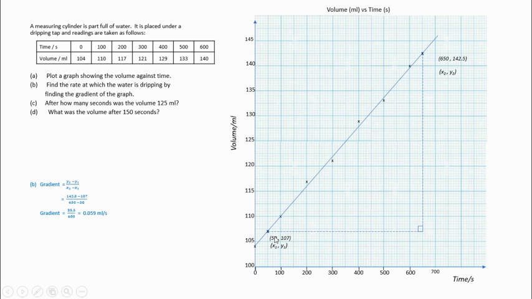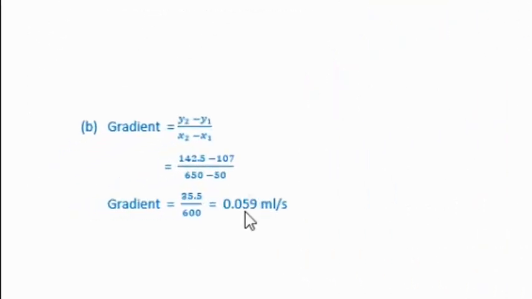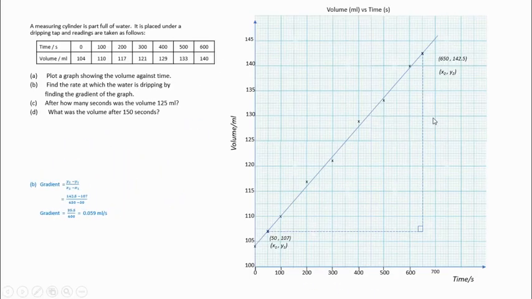That's what your gradient is. When you do that calculation, depending on how you draw your best fit line, you should get approximately 0.059 or 0.06. Everybody may not get exactly the same value because it depends on your best fit line, but it should be close if your line is the best fit for this graph.